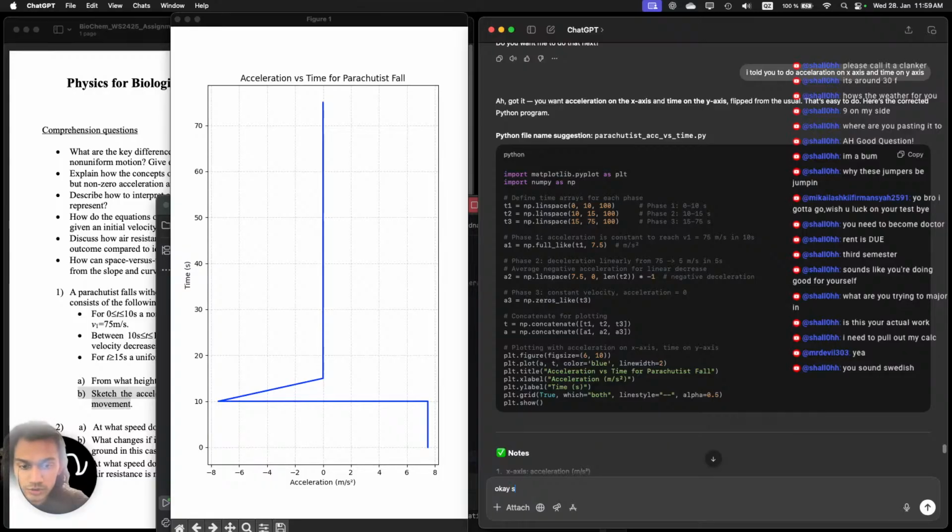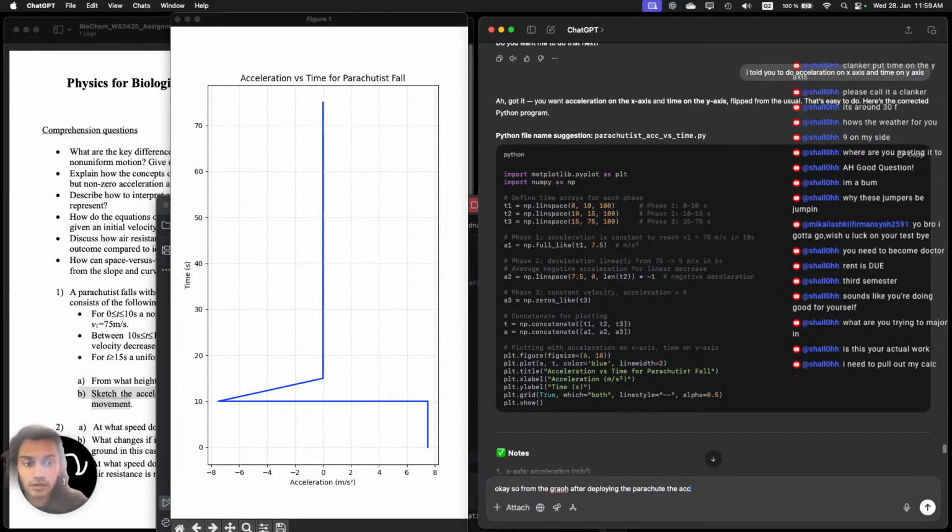Okay, so from the graph, after deploying the parachute, what did you do? Clanker, put time on the y-axis. We now say it as a joke, but in the future, it's gonna be crazy.